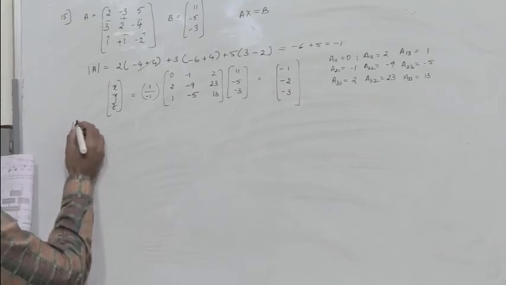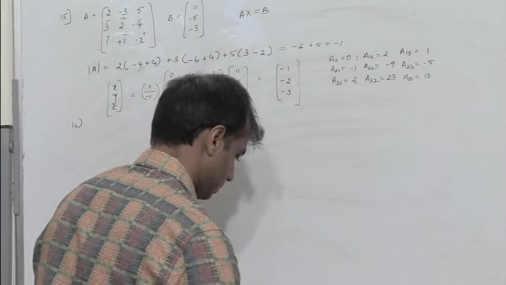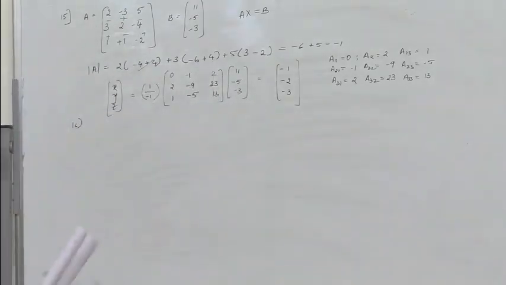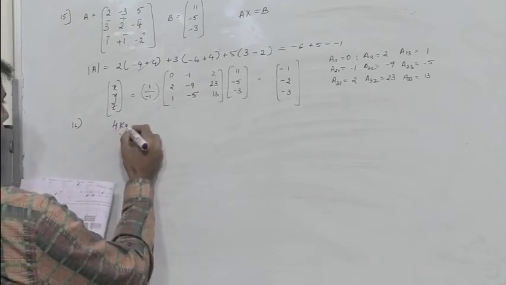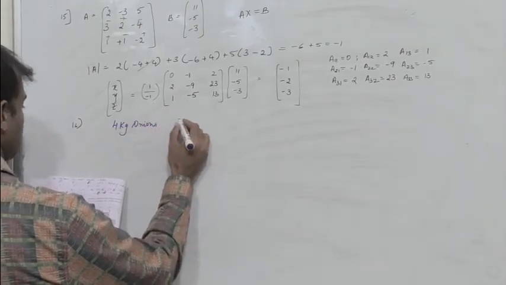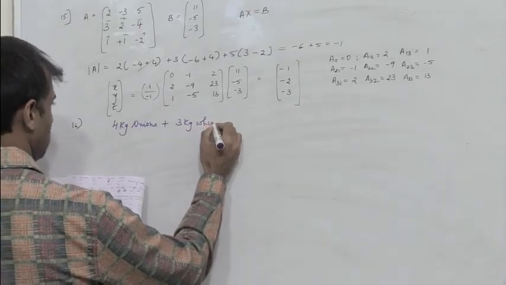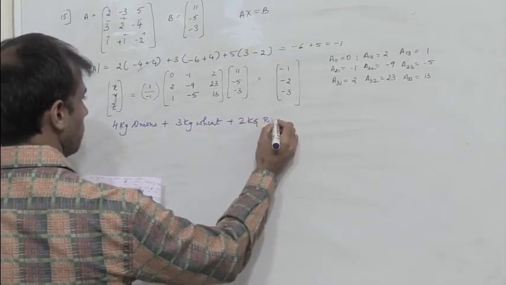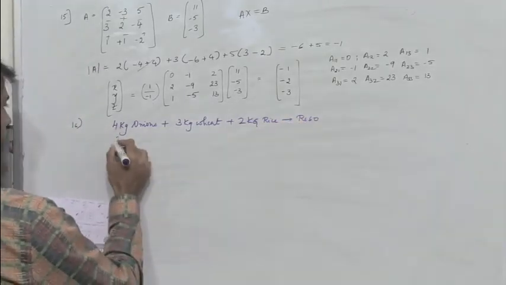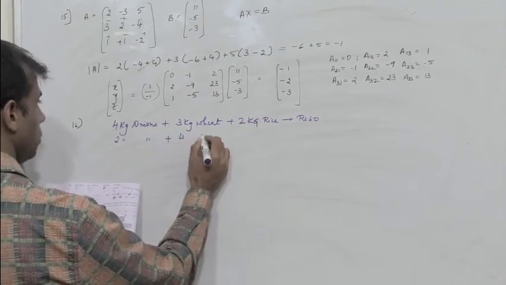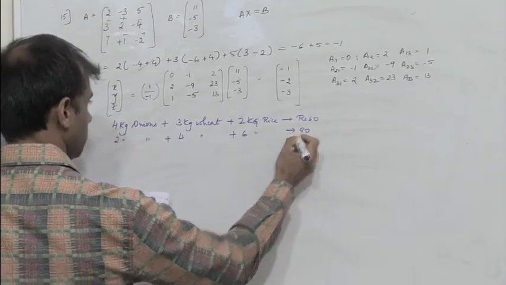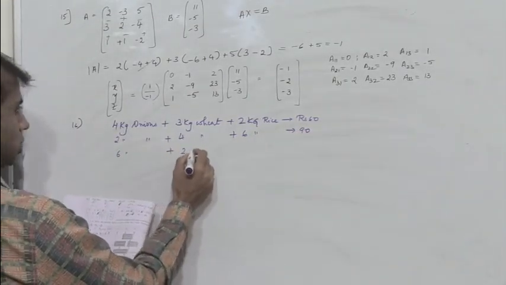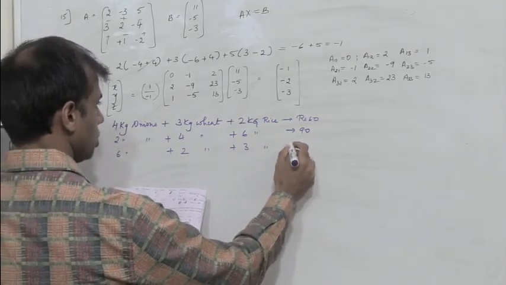The last problem is an interesting one. Problem 16 states that 4 kgs of onions plus 3 kg of wheat plus 2 kg of rice would cost 60 rupees, and 2 kgs of onions plus 4 kgs of wheat plus 6 kgs of rice would cost 90, and 6 kgs of onions plus 2 kgs of wheat plus 3 kgs of rice would cost 70.